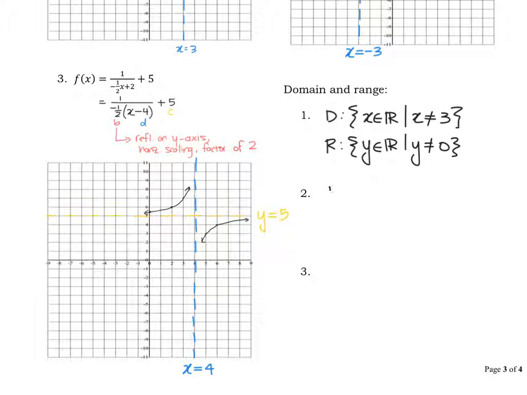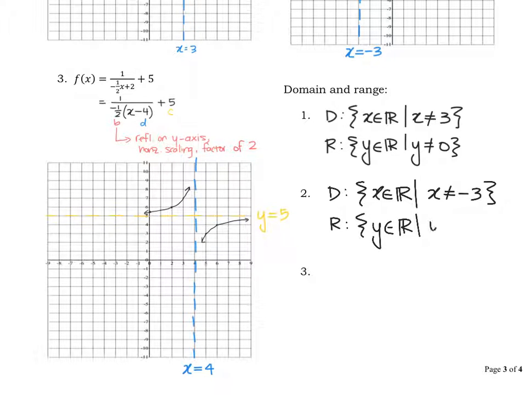For the second function, our domain, x is any real number except -3 for the 3 units to the left. And our range, any real number except -2.